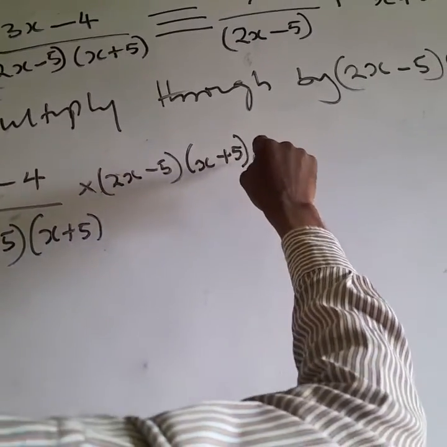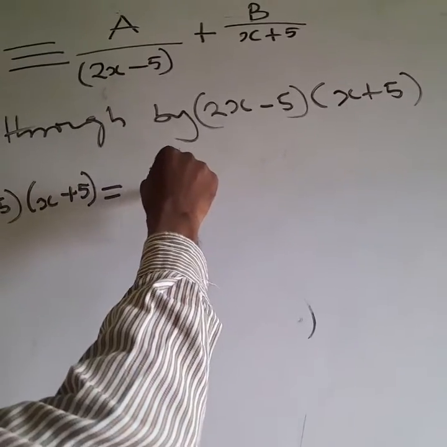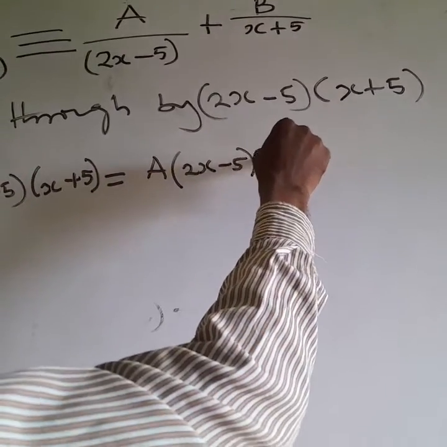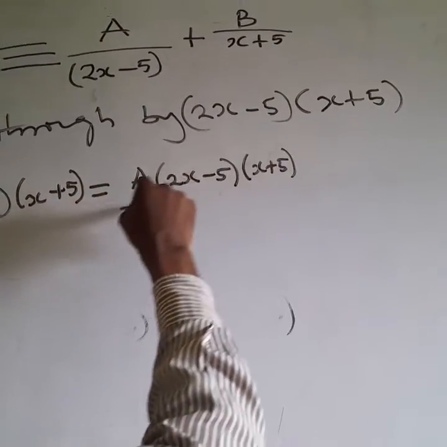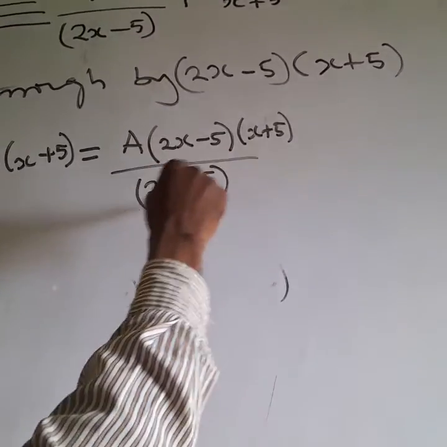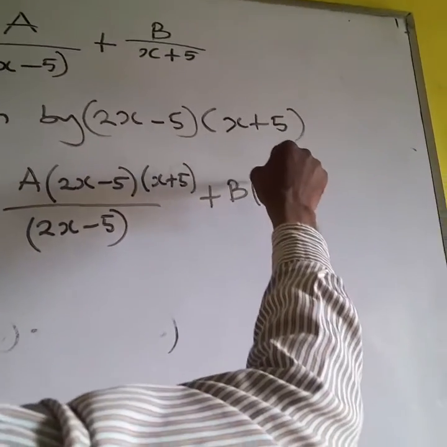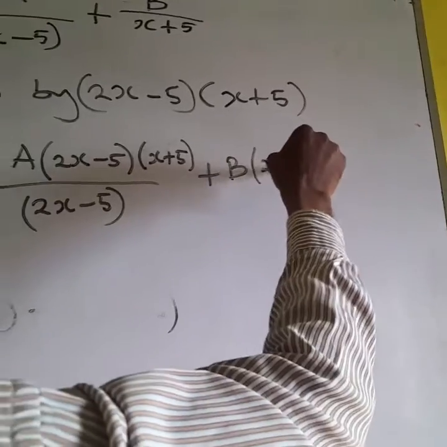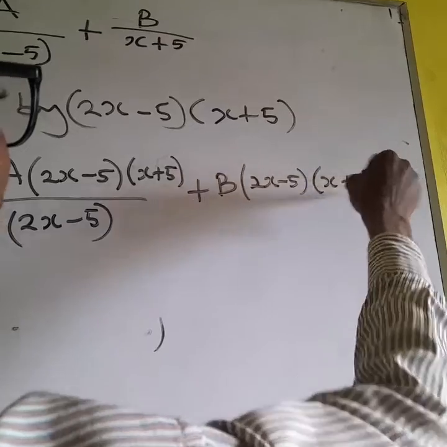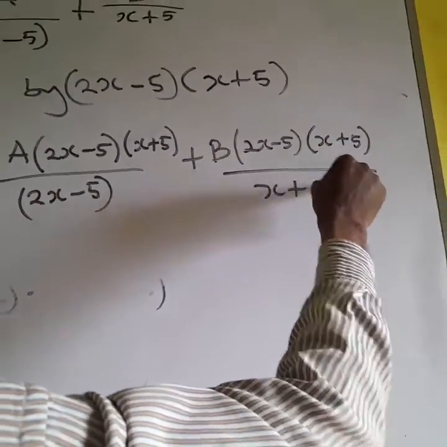Equal to, here you now have A into 2x minus 5 into x plus 5 all divided by 2x minus 5, plus B into 2x minus 5 into x plus 5 all divided by x plus 5.